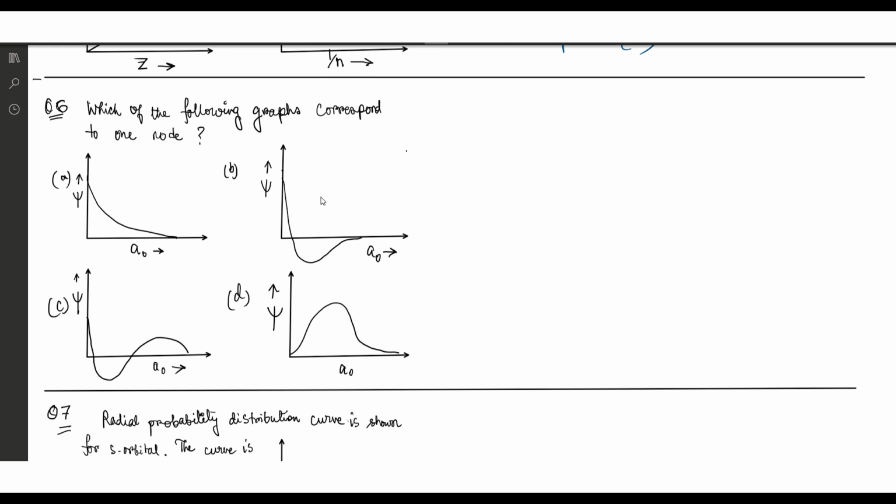So A and D is the zero node. Okay, so answer A, and in A and in D there is no node or zero node.